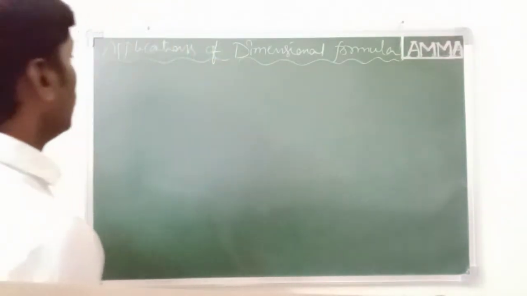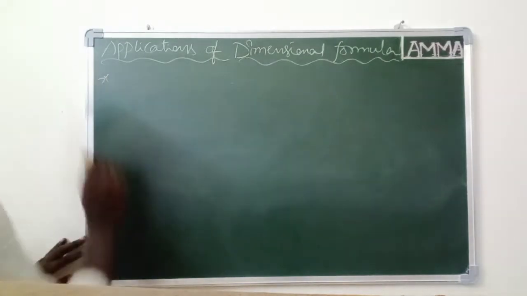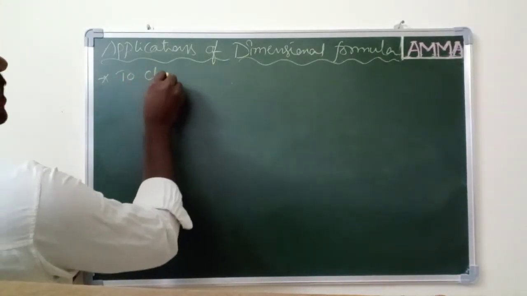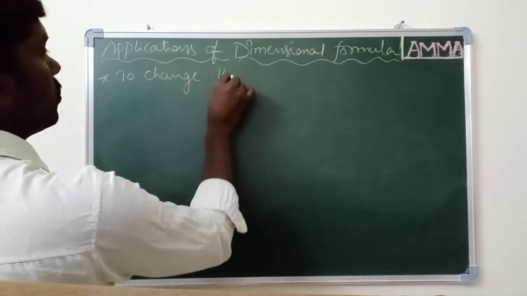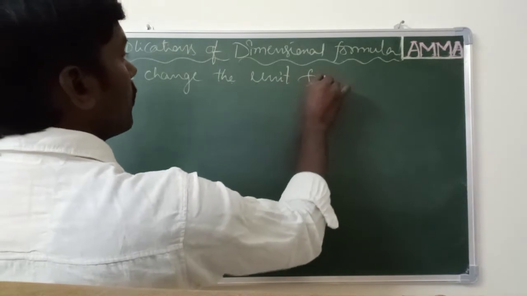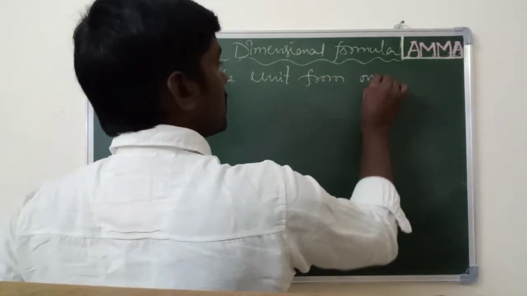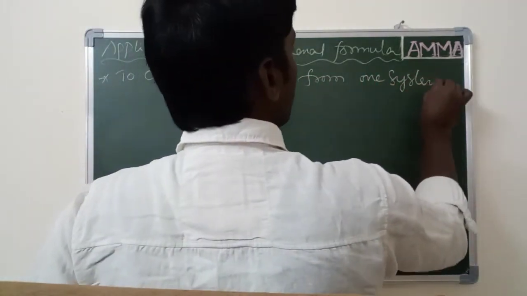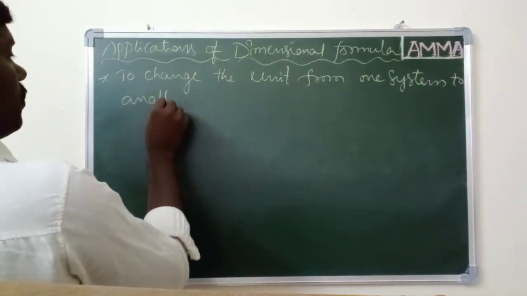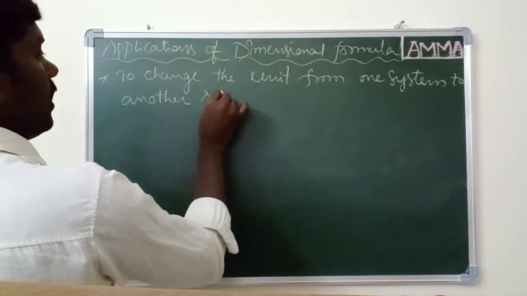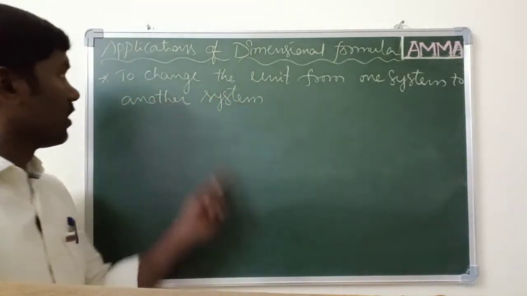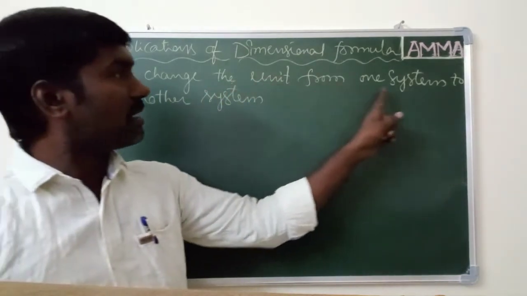Right. So the first application of this dimensional formula is to change the unit from one system to another system. Students, what does it mean to change the unit from one system to another?